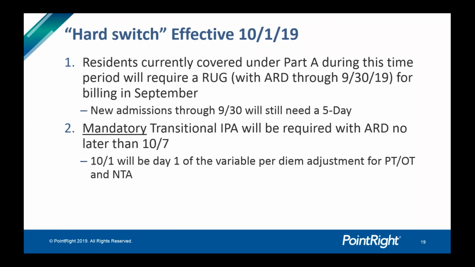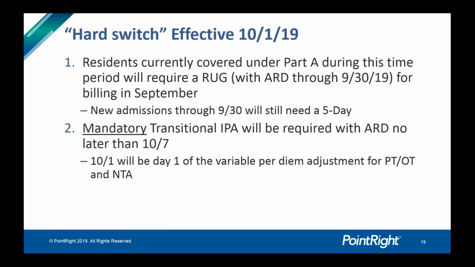But this mandatory IPA will set the payment, and you can put that ARD anywhere between 10/1 and 10/7. But for this specific assessment, October 1st is going to be considered day one for the variable per diem adjustment for the PT/OT and for the non-therapy ancillary.